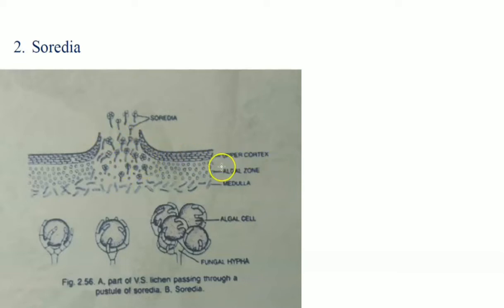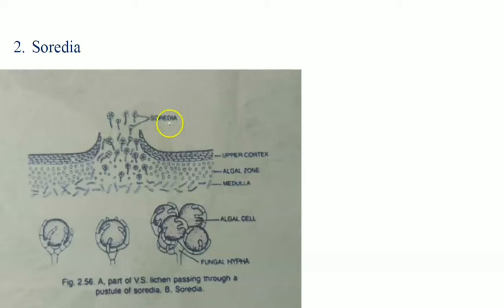In this open area, some algal cells and some fungal hyphae attach to the algal cells and form a structure called soredia. These soredia, with the wind or some other activity, separate from the thallus, and when they land on a particular substratum, they germinate and form a new lichen.